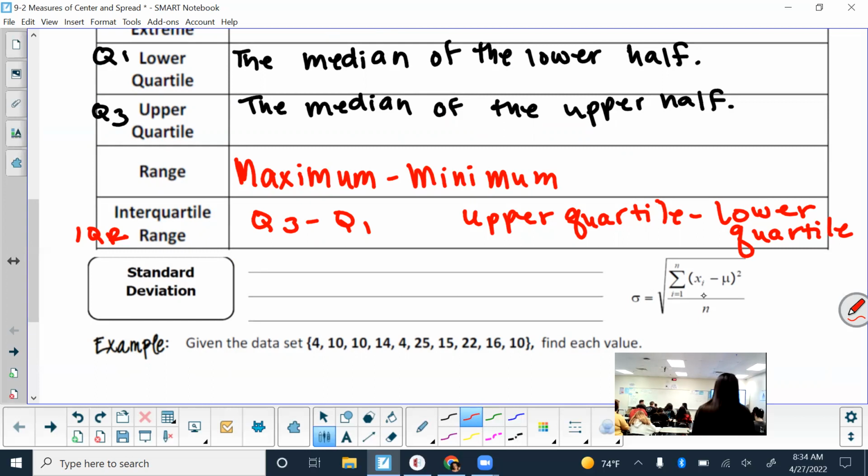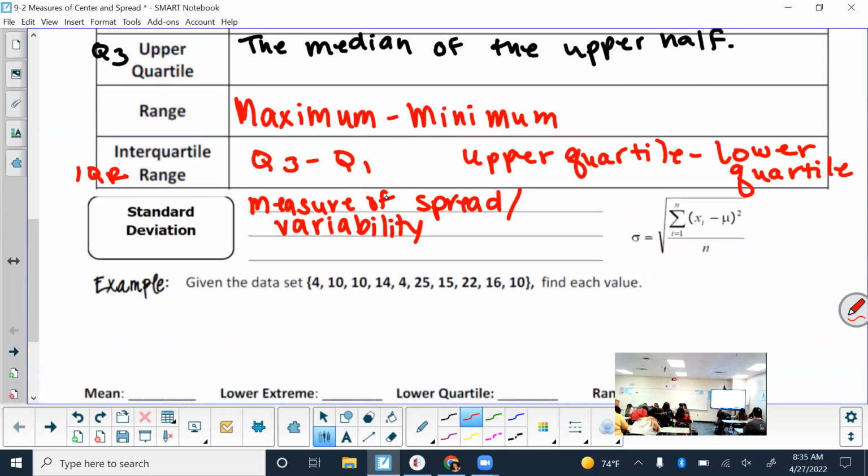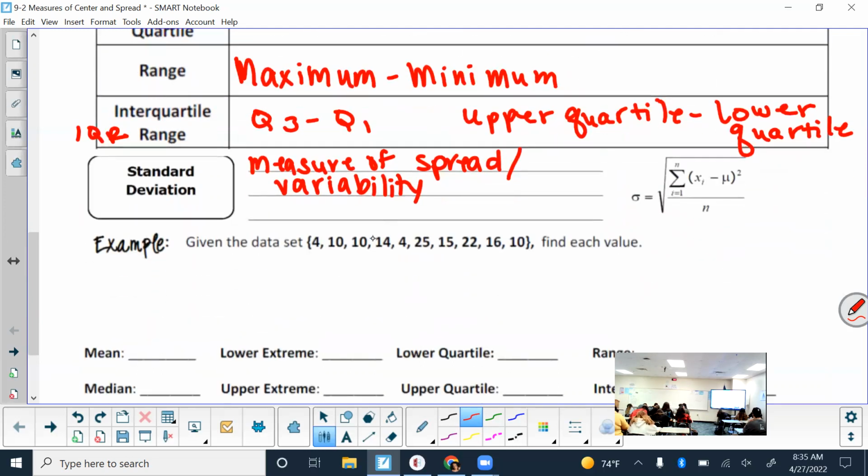What you do need to know about it is that it's a measure of spread, a measure of spread slash variability. Questions?